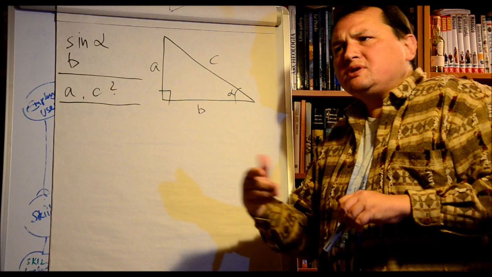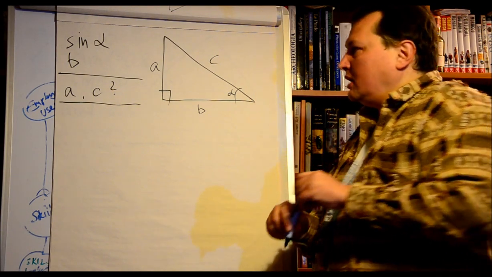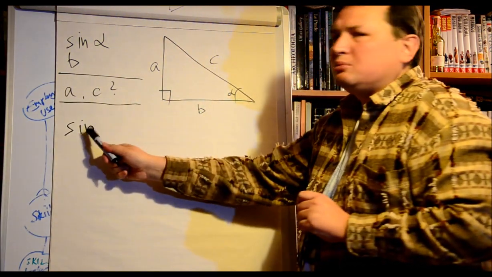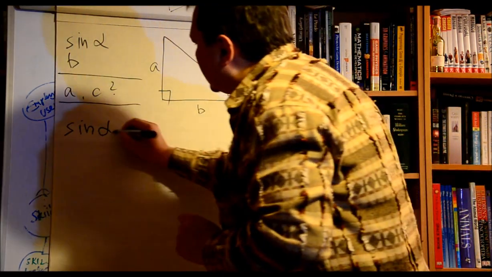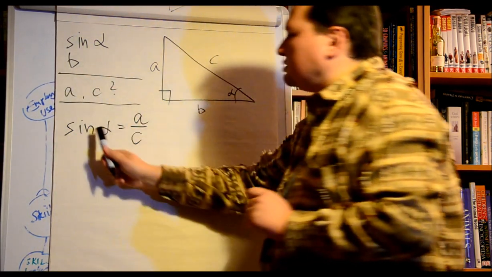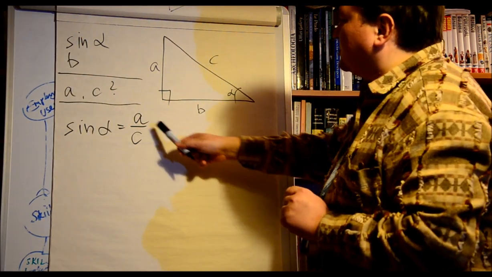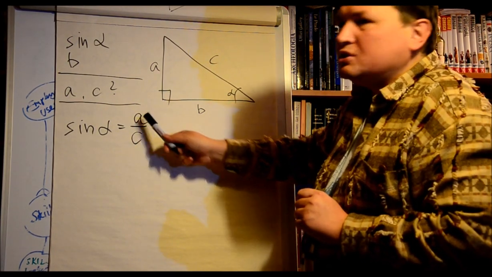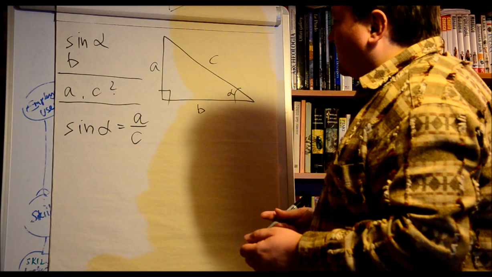If we repeat the same approach as last time, we will try to write the formula for sine alpha. Sine alpha is A divided by C. We know sine alpha, but wait a moment, we don't know A and we don't know C. They are both unknown values that we are looking for.